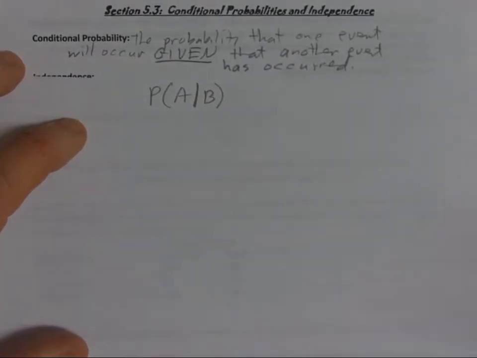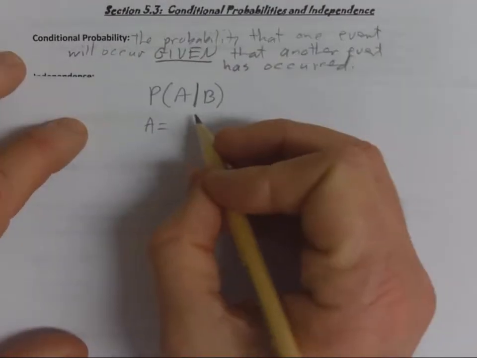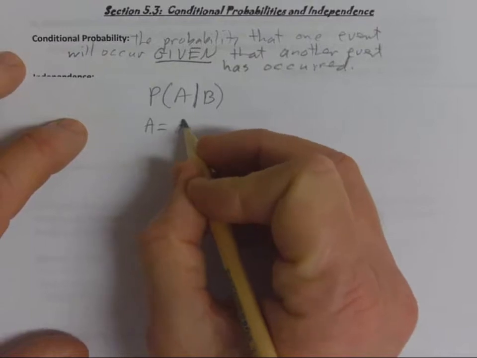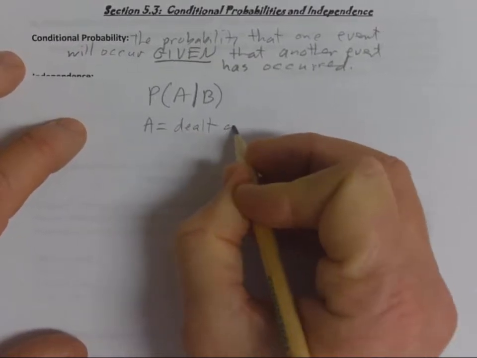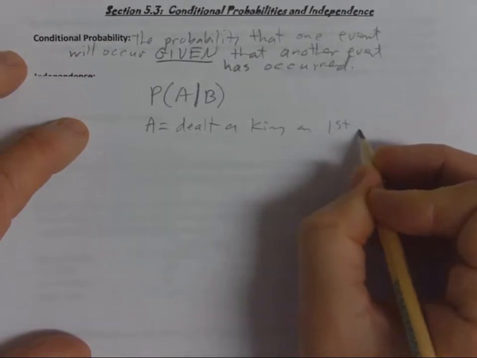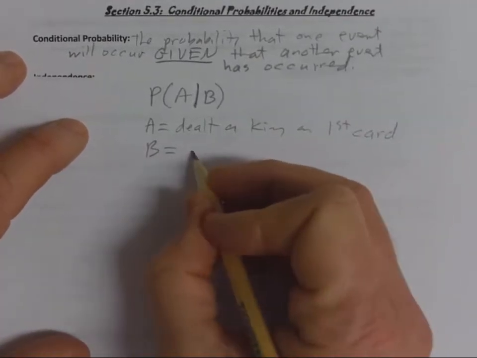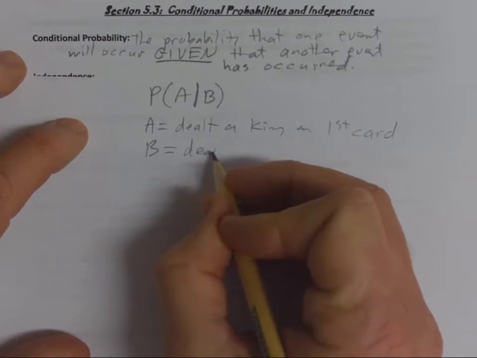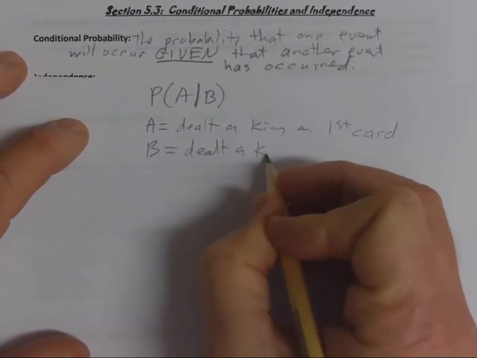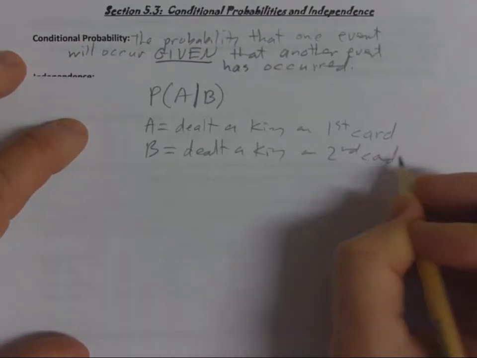Or it could be, let's say this. Let's say event A is that you get dealt a king on the first card dealt to you from a 52-card deck. And let's say that event B is that you get dealt a king on the second card that you get dealt.